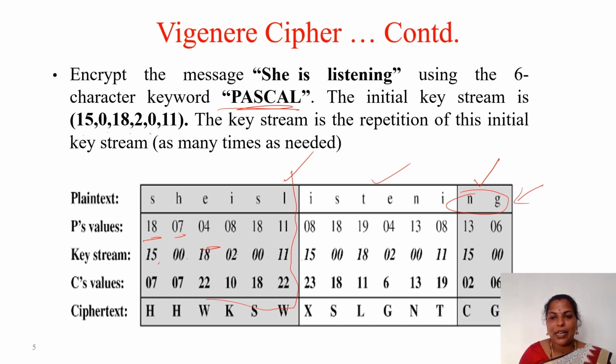We are not doing any filling here. That is the main thing you have to keep in mind. Then we use the formula Pi plus Ki mod 26, so that we get the C value. Then we map this value to the corresponding ciphertext alphabet.